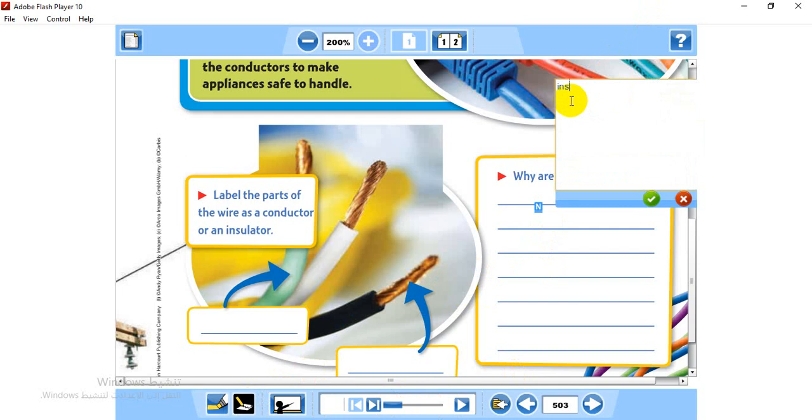Because insulators resist the flow of electric charge.